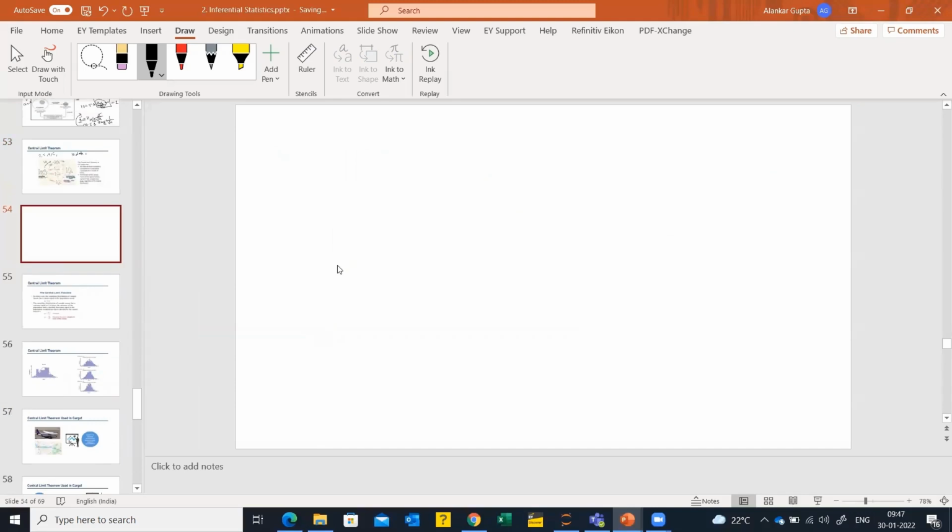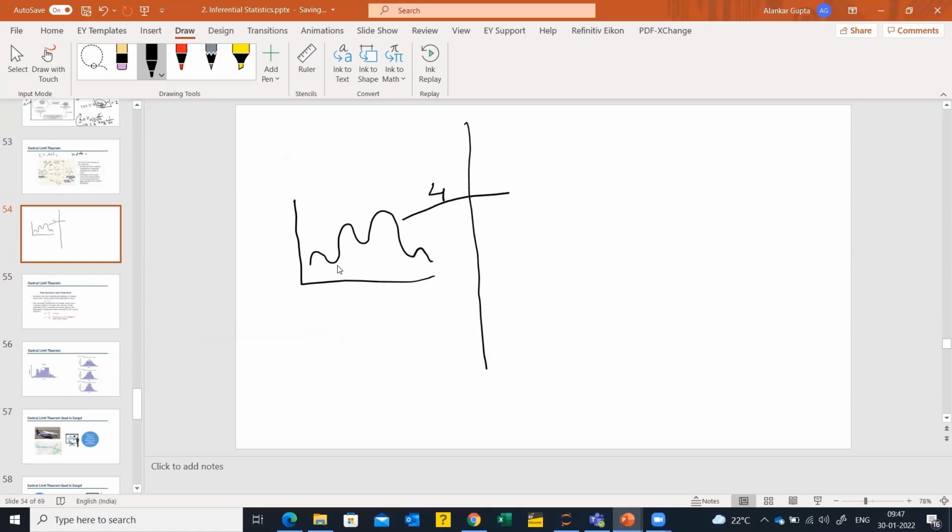Say, for example, this is my population, and my population graph looks like this. This is the height of the population. Now from here, we can draw samples. You first draw, for example, 4 samples: 10, 12, 14, and 14.